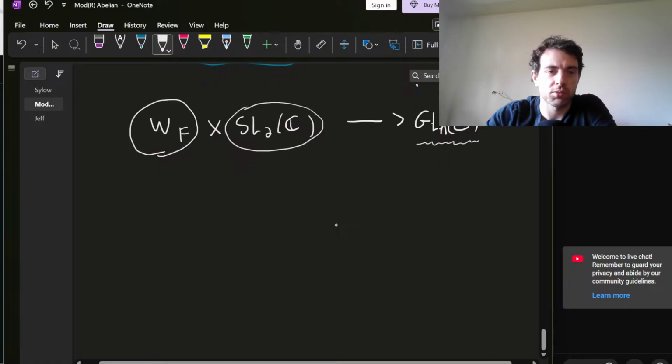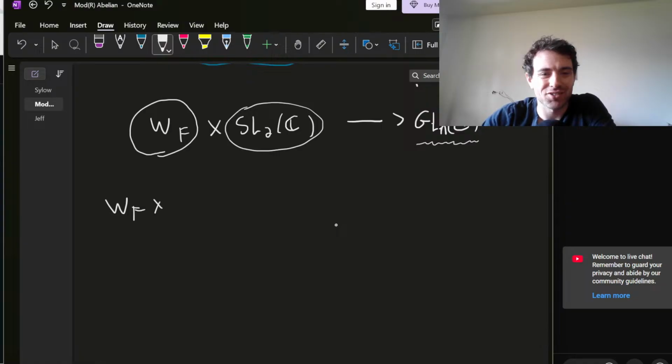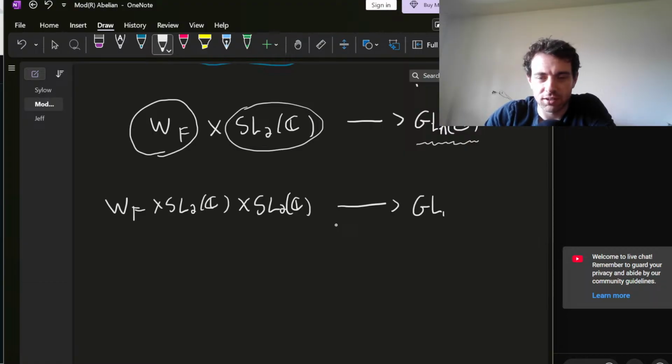So then here's a mysterious process. For some reason, James Arthur, my mathematical grandfather, who's having his birthday conference in Toronto next week, writes down a second SL2 factor. Okay? He just does.